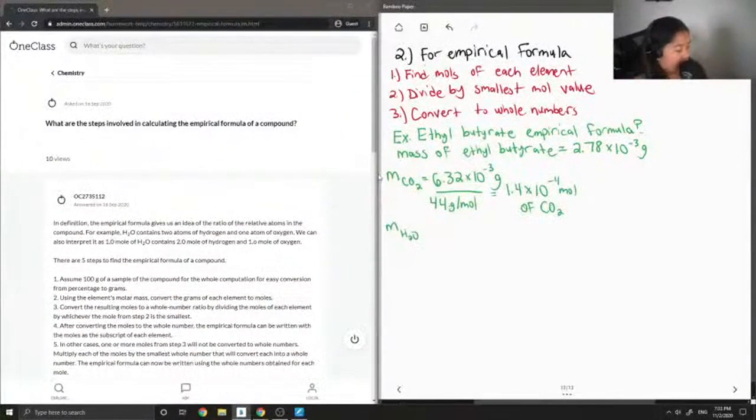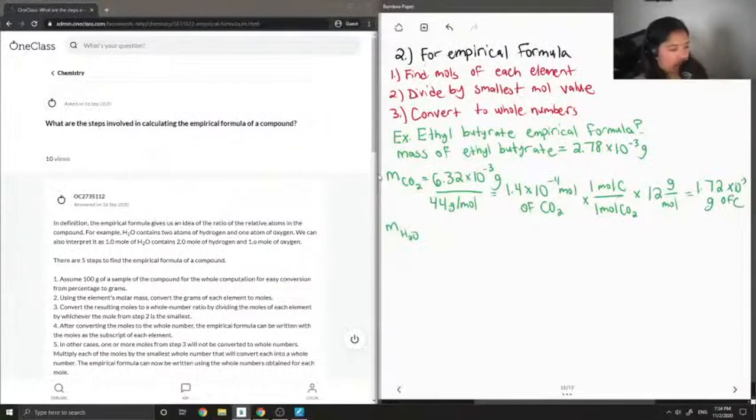And then to find the moles of each element, since there is 1 mole of carbon for every mole of CO2, that's how you would find the moles of carbon. Then to find the mass of carbon, I'm going to multiply by its atomic mass to get a final value of 1.72 times 10 to the negative 3 grams of carbon.